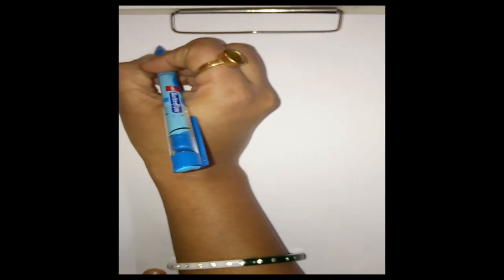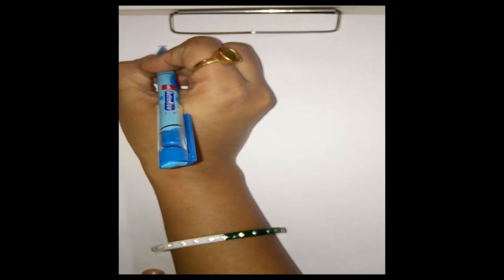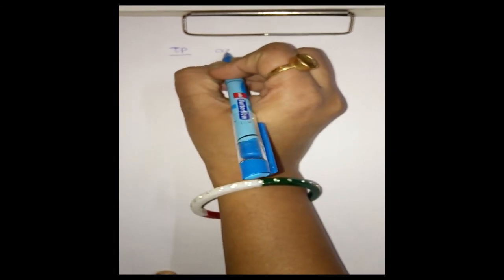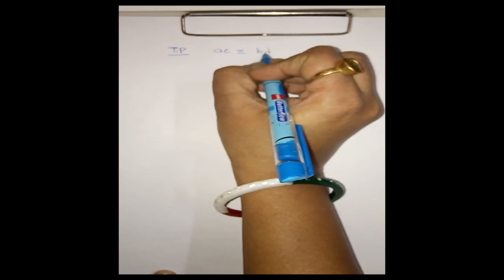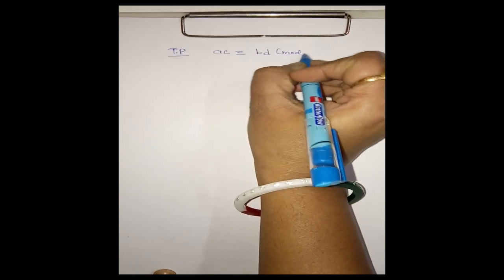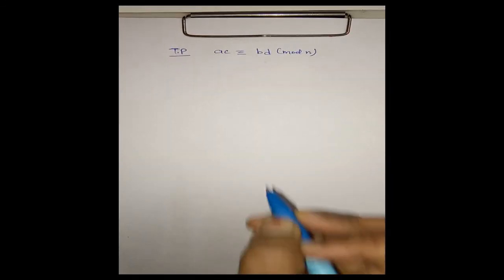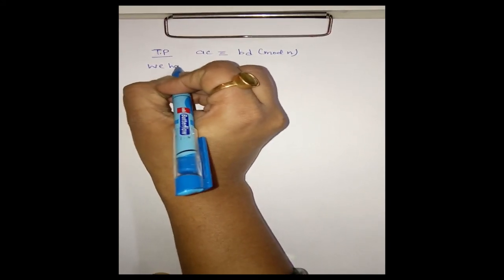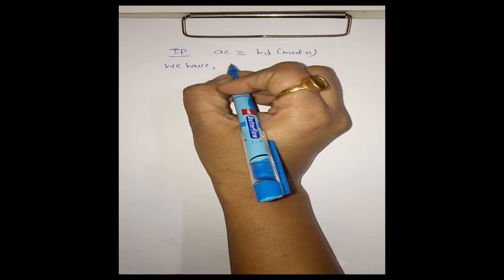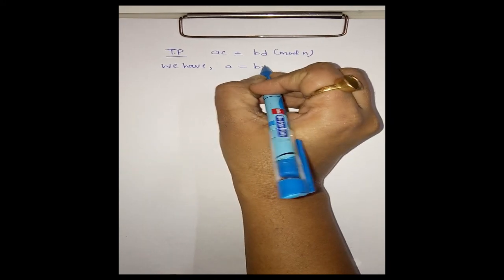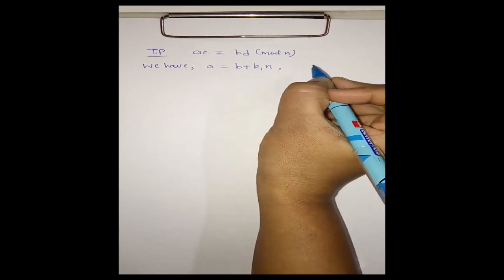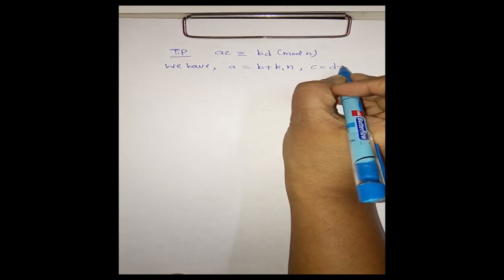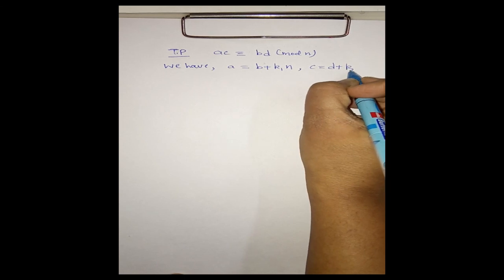Now we will prove the next part, that is, to prove ac is congruent to bd modulo n. Okay. Now we have a is equal to b plus k1 into n and c is equal to d plus k2 n.